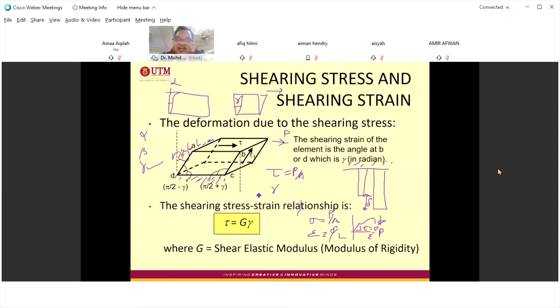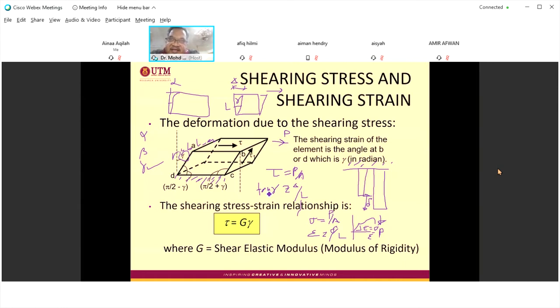Deformation is an angle. How to measure the angle is delta, how much it moved, divided by L. So tangent equals horizontal movement divided by L. If you plot shear stress with gamma, we come up with G. G is the shear elastic modulus, modulus of rigidity.